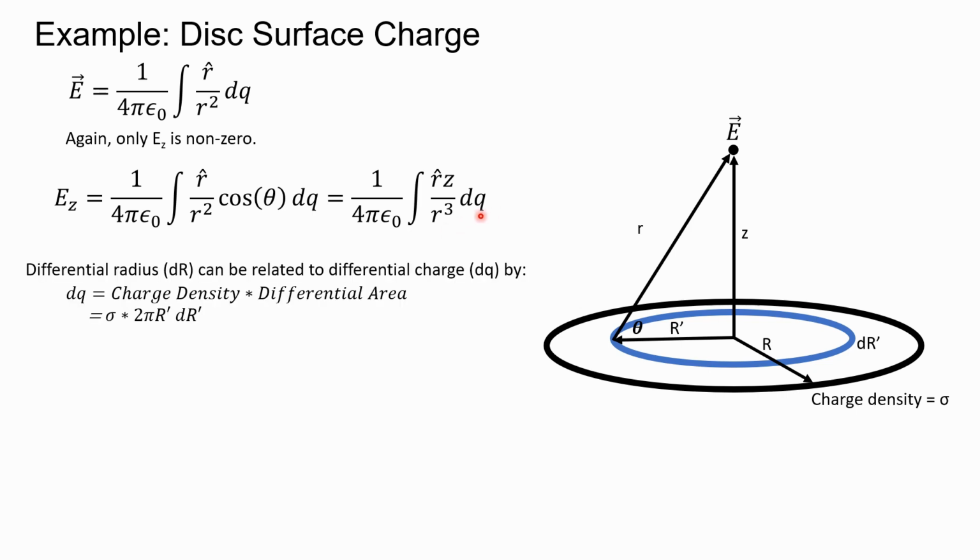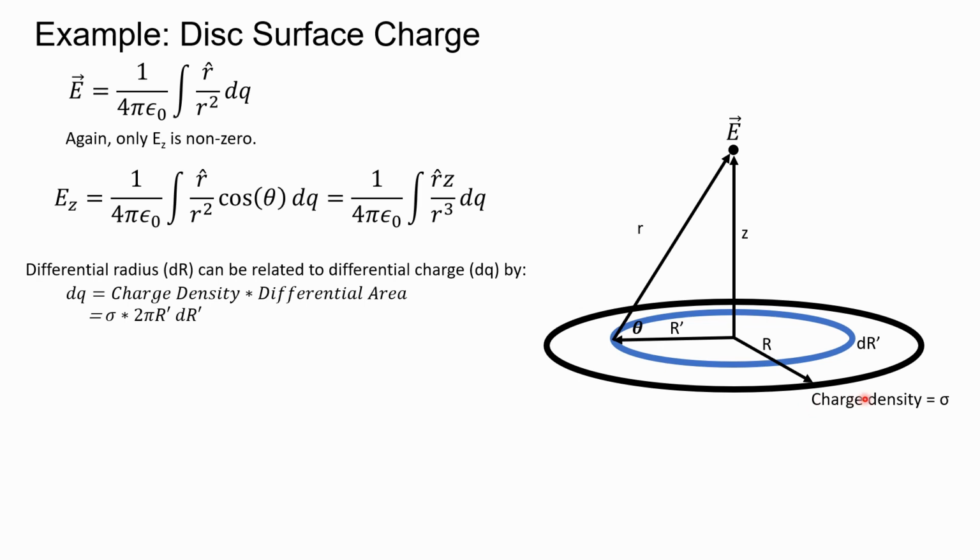However, we don't want to integrate over dq, we want to integrate over dr prime, as this is a cylindrical integration. dq, the charge that we're integrating over at any given time, can be related to dr prime using the following relation. So dq is equal to the charge density times our differential area.